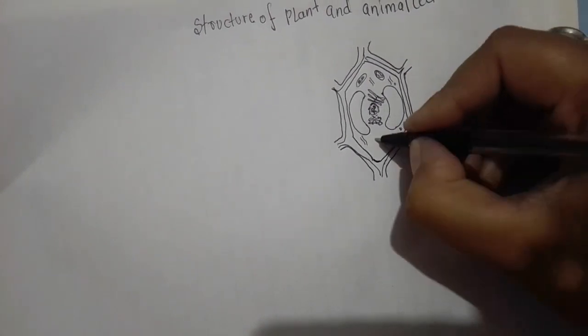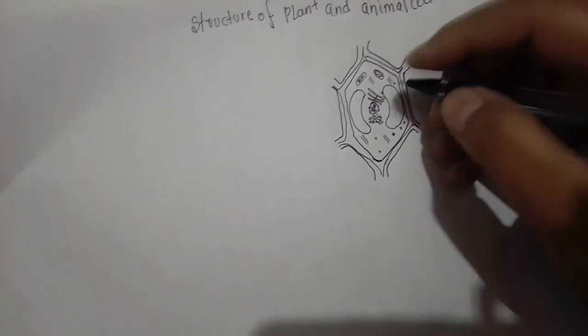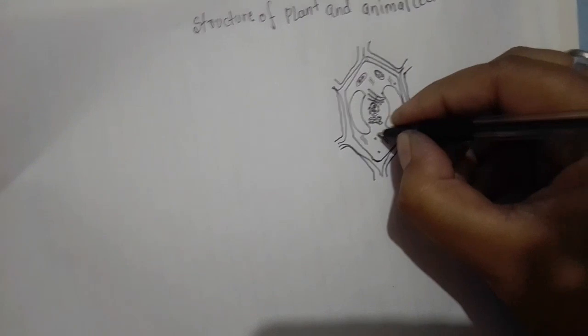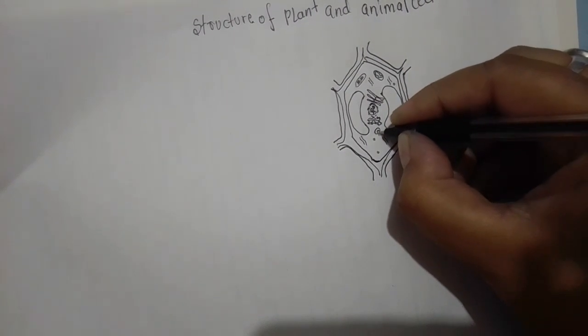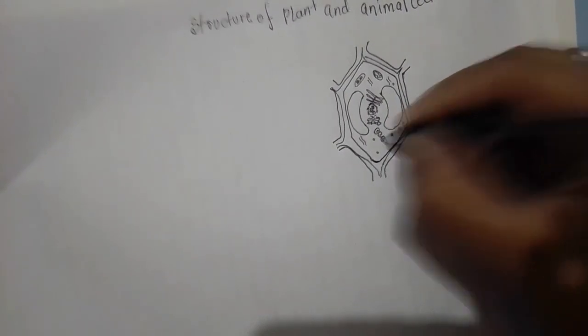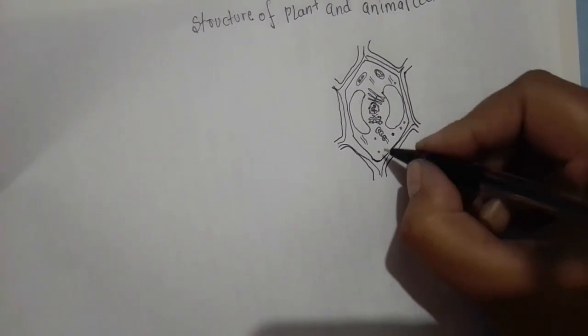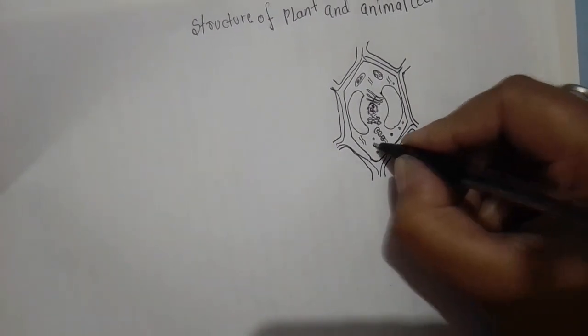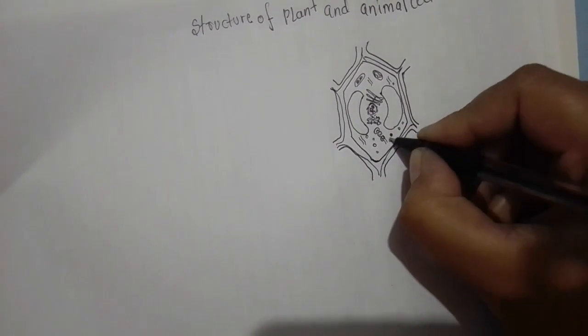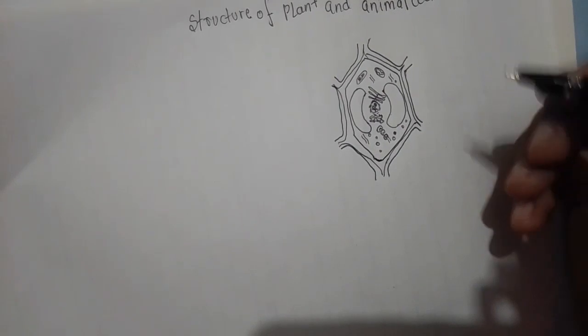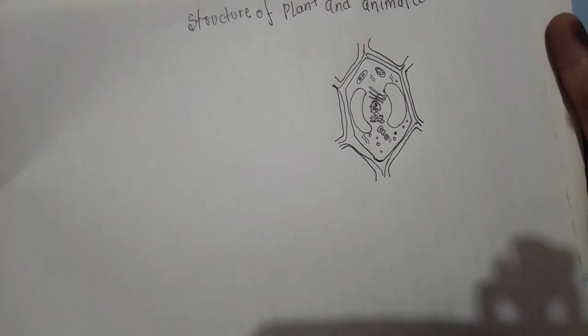Clear? Next we have the Golgi apparatus. And next we have the vesicles. Clear? So these are some important structures present in the plant cell.